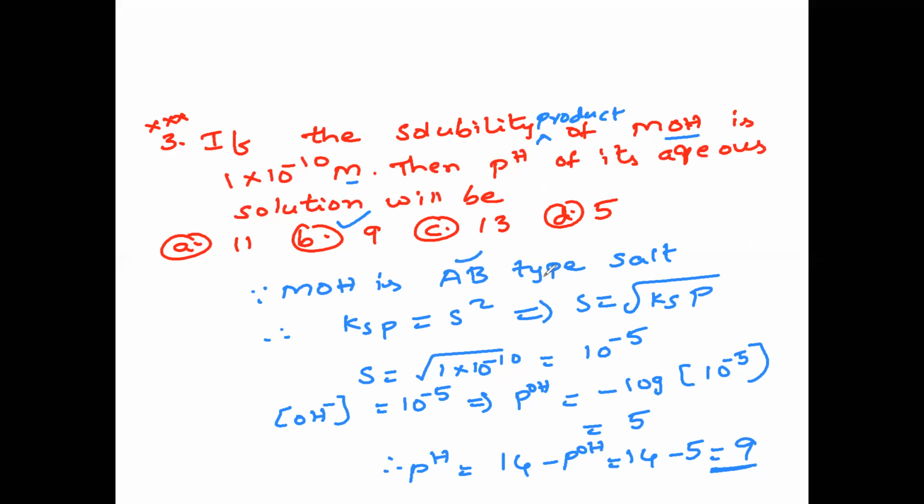Since MOH is AB type salt, Ksp is equal to S square, implies S becomes root of Ksp, and that S becomes the concentration of OH minus. So S becomes 10 to the power of minus 5, so the concentration of OH minus is 10 to the power of minus 5. And pOH is equal to minus log of 10 to the power of minus 5. It is nothing but 5 minus log 10 to the base 10. Since log 10 to the base 10 is 1, it is equal to 5. And since pH is equal to 14 minus pOH, 14 minus 5 is equal to 9.